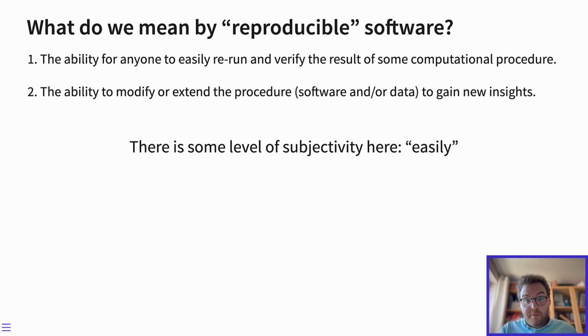Now, you'll notice with that definition that there's a level of subjectivity. There's the word easily in there. And what's easy for some people is not going to be easy for other people. You know, I'm a software engineer and I might find quite technical things very easy, while a working researcher may not have that knowledge and experience of working deeply with technical software or procedures, and they might find certain reproducibility methods more difficult to handle.